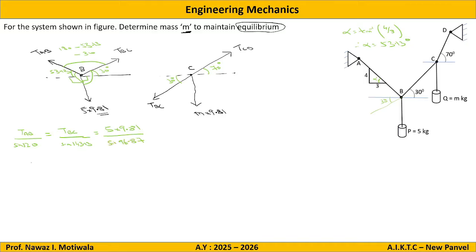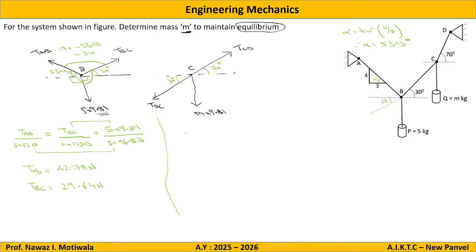So when you solve these equations, let us say if you solve these two, you will get the answer for TBC, and once you solve these two, you will get the answer for TAB. So I will write the answers here. TAB you should get as 42.78 newtons, and TBC you will get as 29.64 newtons. This completes the solution for point B.